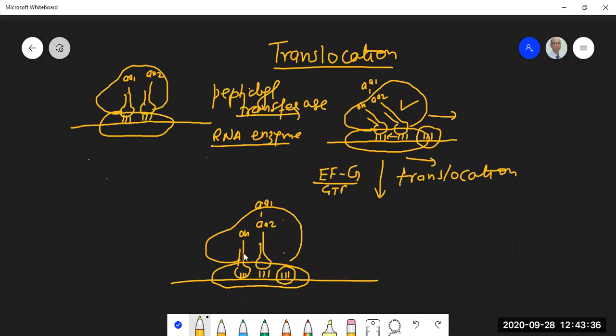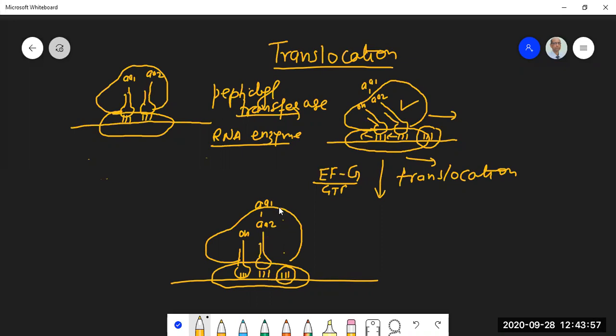The deacylated tRNA also moves in two steps. In the first step, only the interaction in the large subunit changes and it comes into the E site, and in the subsequent step, its interaction in the small subunit also changes. It shifts from P site to E site, shown over here, right?